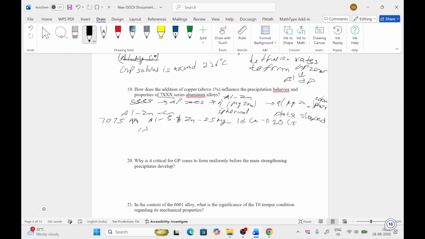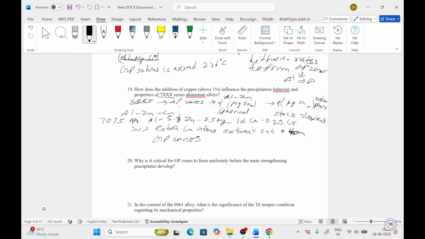But as it is greater than 1%, the extra copper atoms extract out from the aluminum matrix and help in forming the GP zones.